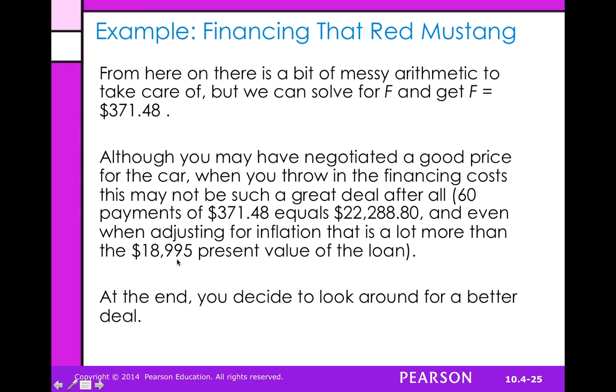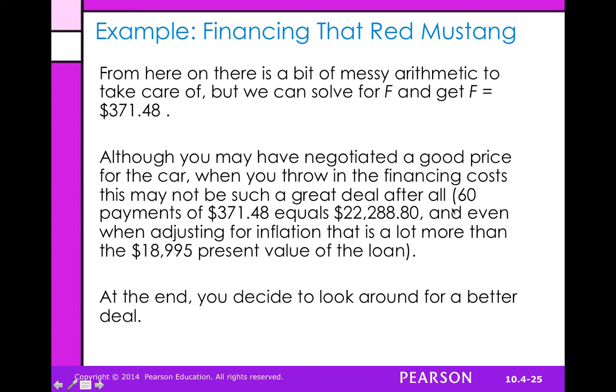Okay, so let's talk through that again. You're going to write a check for this amount every month for 5 years to the dealership. So if I just asked you, hey, what's the total amount of money you give to the dealership? You would say, well, I'm giving the dealership this amount, this $371.48, every month for 5 years. That's a total of 60 payments.